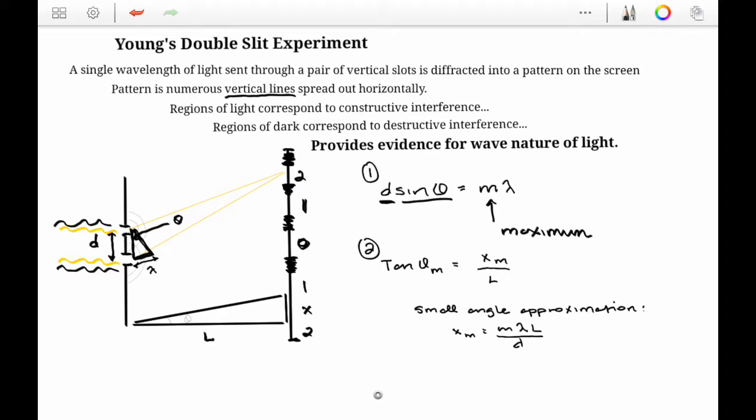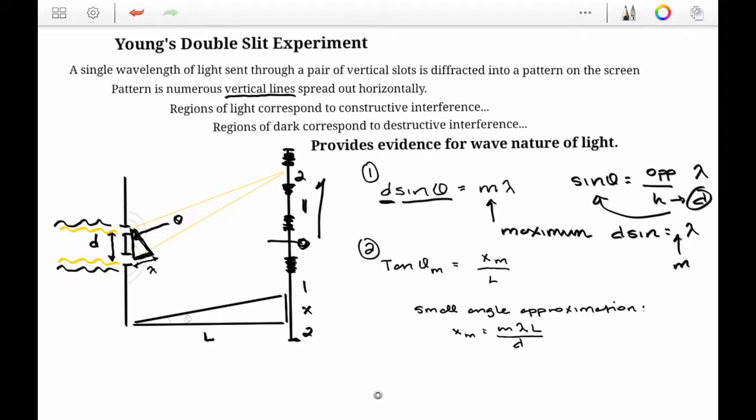We know that sine of angle theta is equal to opposite over hypotenuse. The hypotenuse in this instance is the distance d, and what's opposite of theta is the wavelength. So that's how we can multiply d over to the other side, and we get d sine theta equals m lambda. This depends on which maximum you have, so how far away from the 0 order are you considering?